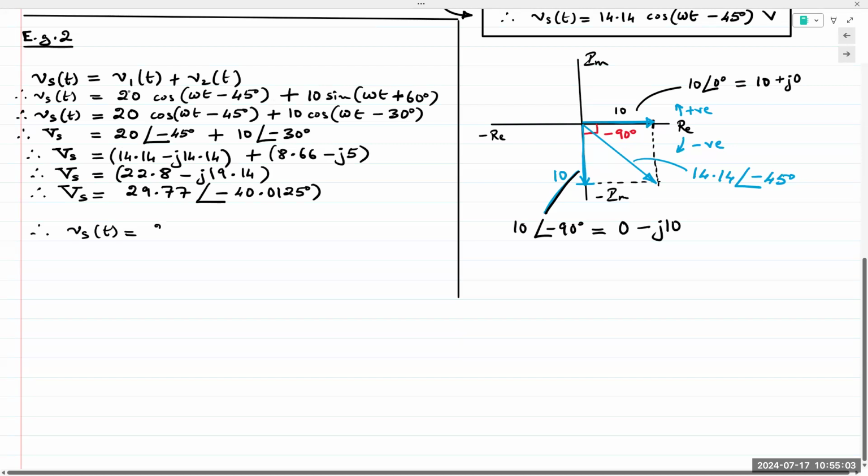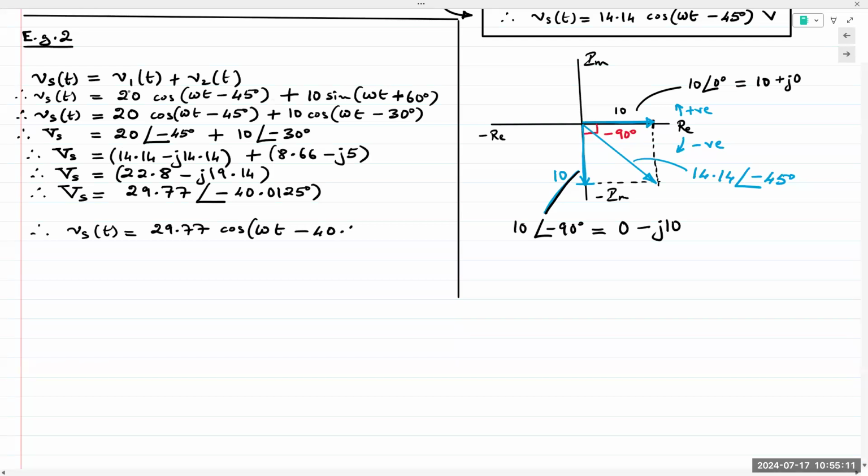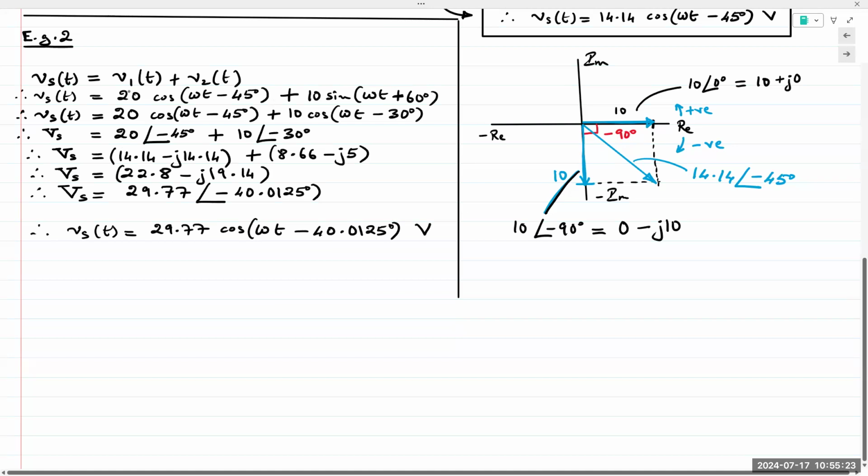Vs of t is 29.77 cos(omega t minus 40.0125 degrees). And of course, don't forget your units. This will be volts.